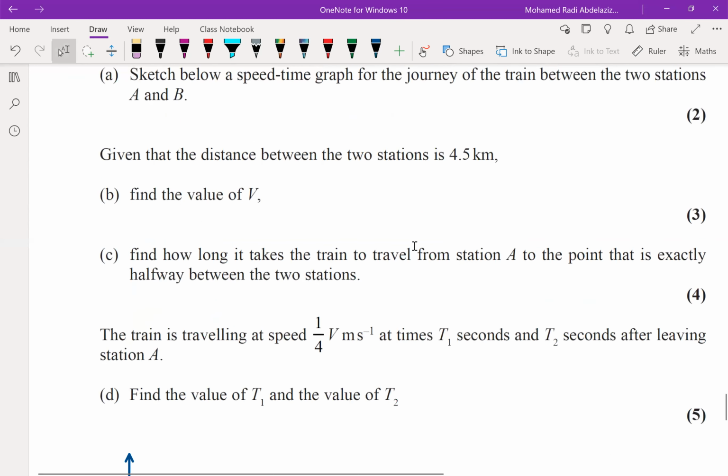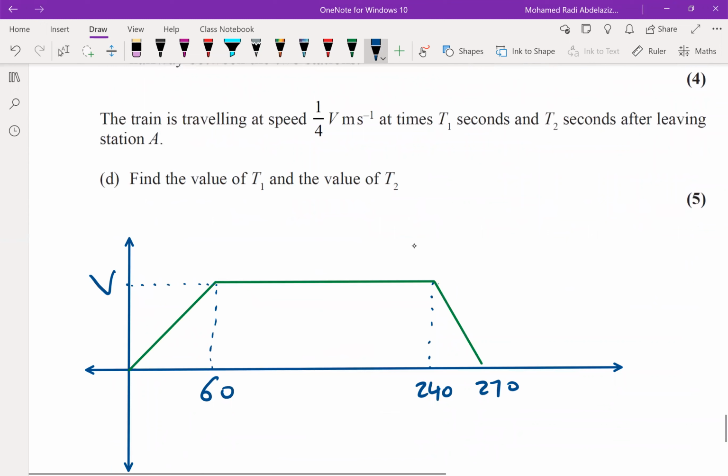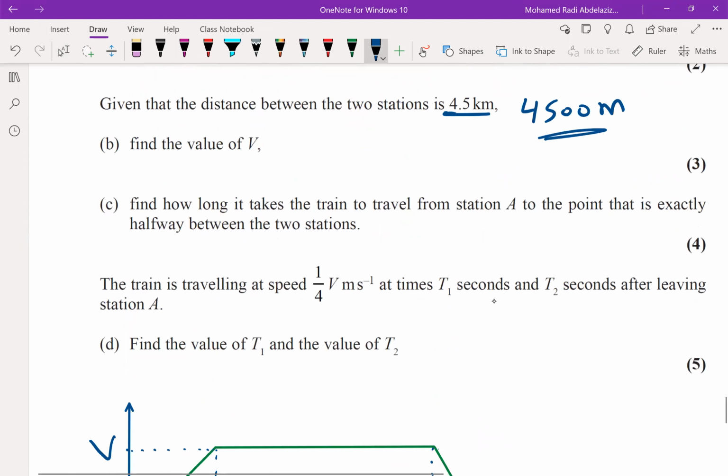Given that the distance between the two stations is 4.5 kilometers, that will be 4500 meters. As we know, the distance between the two stations represents the area under the curve and the x-axis. So the area of the trapezium is equal to 4500.